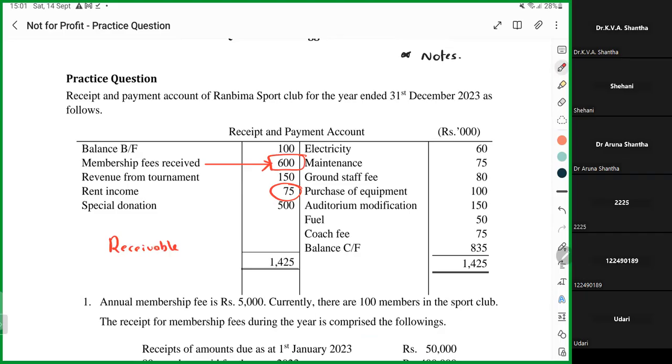Only 75 received out of 100, so 25 is rent income receivable. Right. So this has to be adjusted. You have an income receivable, and this has to be adjusted when you prepare the financial statements.